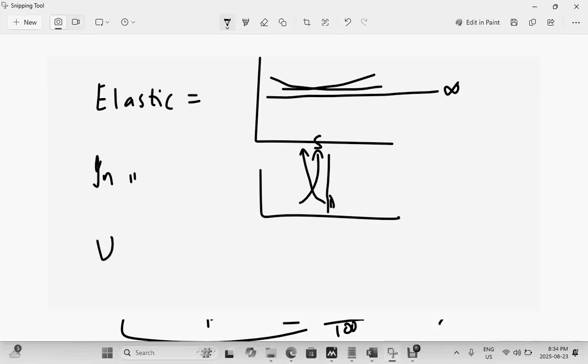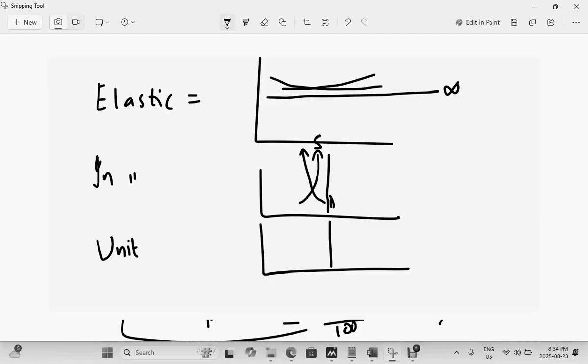And then if something is unitary elastic, this will be a vertical line. It basically means that for every unit of change in price, there will be an equal change in quantity demanded or supplied.